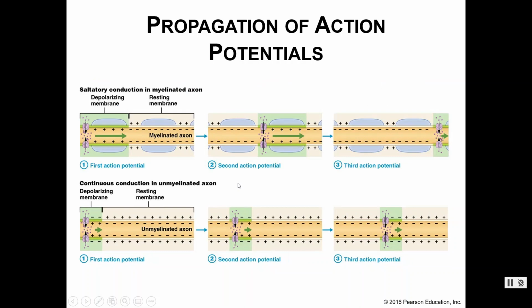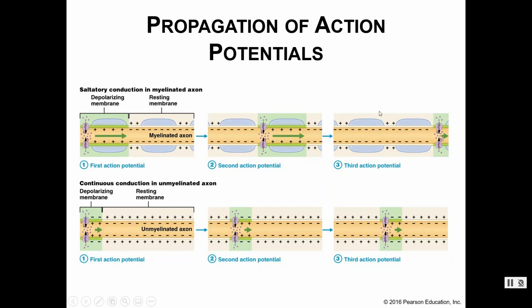Let's see how this actually gets us anything. On the top we have saltatory conduction. On the bottom we have continuous conduction. We're starting at the same time in the same place. On the top we are depolarizing in our node of Ranvier, and we get to skip over to the next node. Here's our next node, and then we get to skip over to our third node.